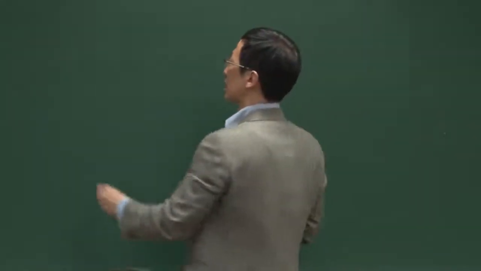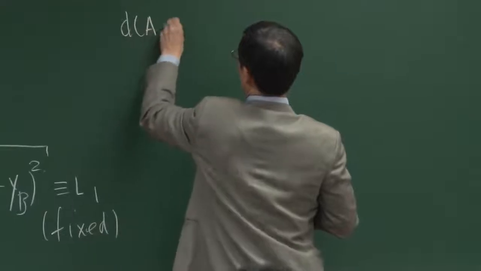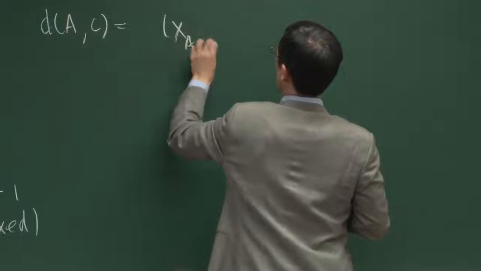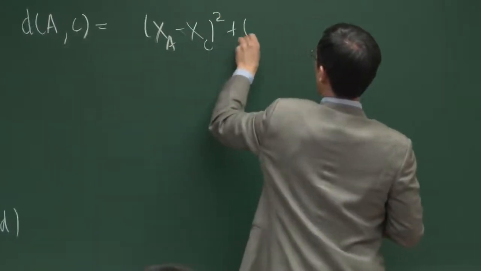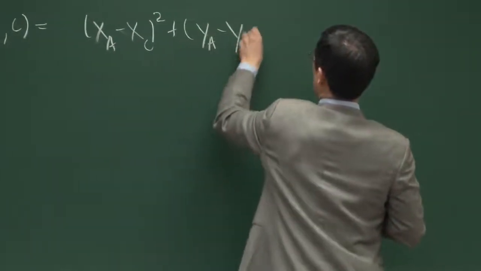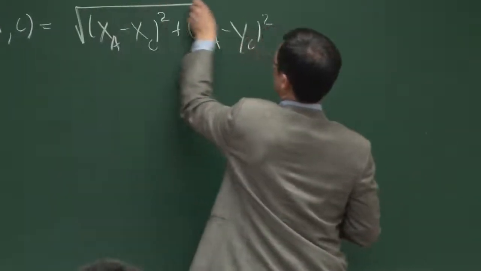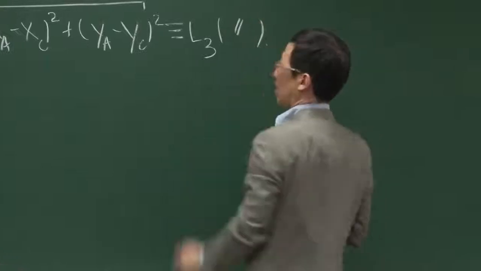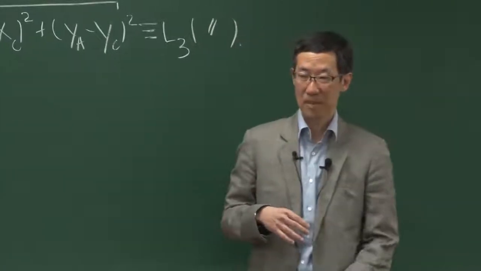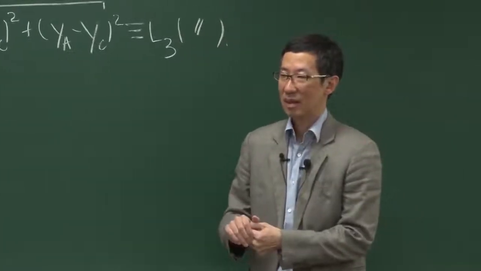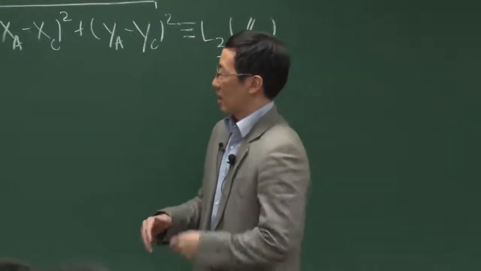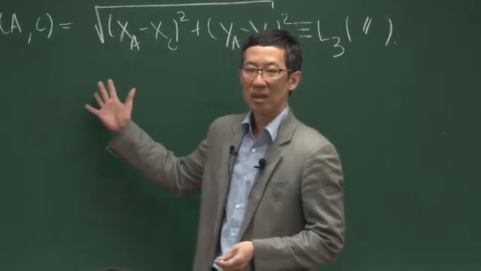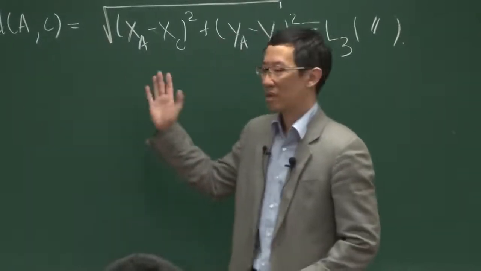One more constraint: the distance between A and C. So this whole thing, square root, is going to be some fixed distance L3. Are there other constraints here? Well, this is all we need for the rigid body.